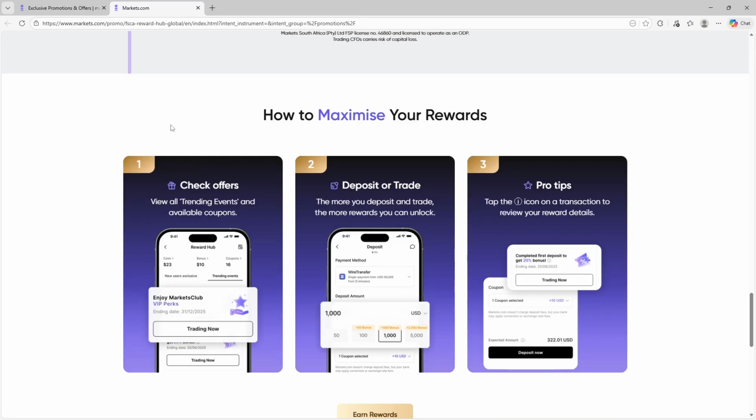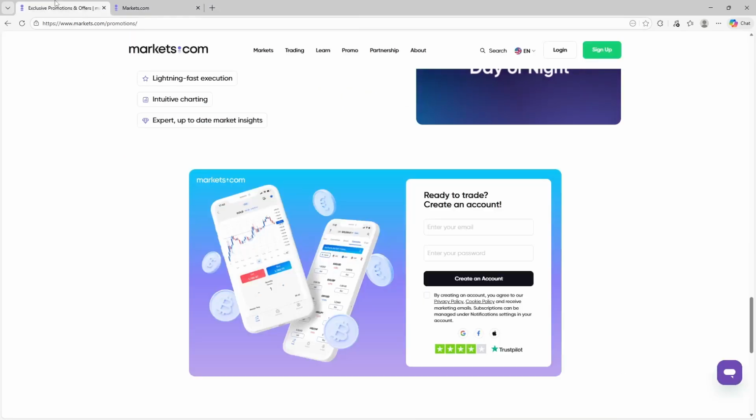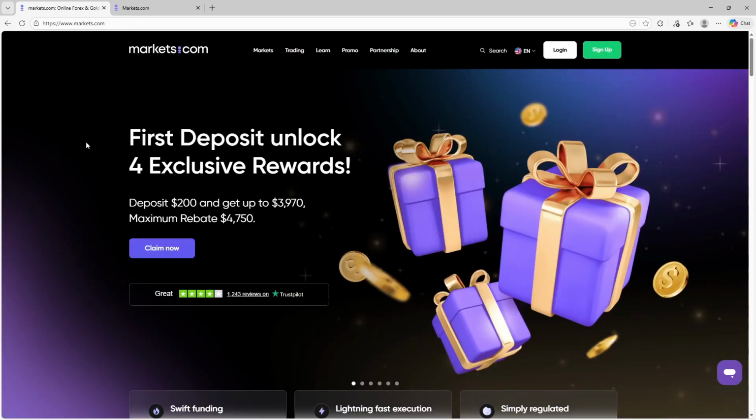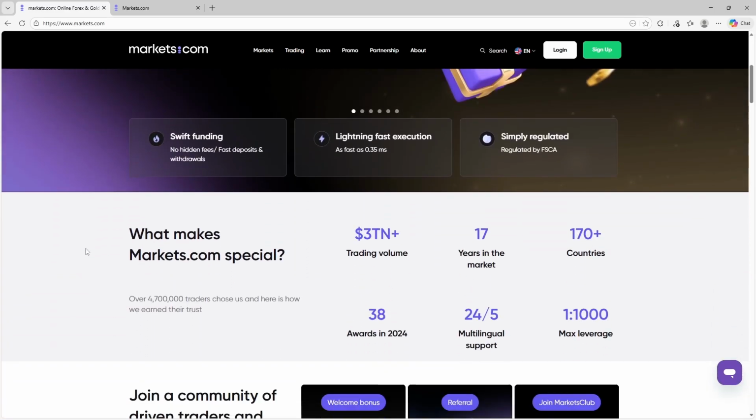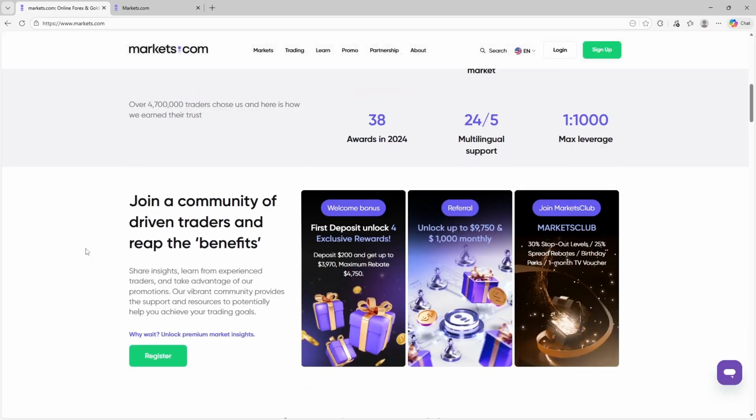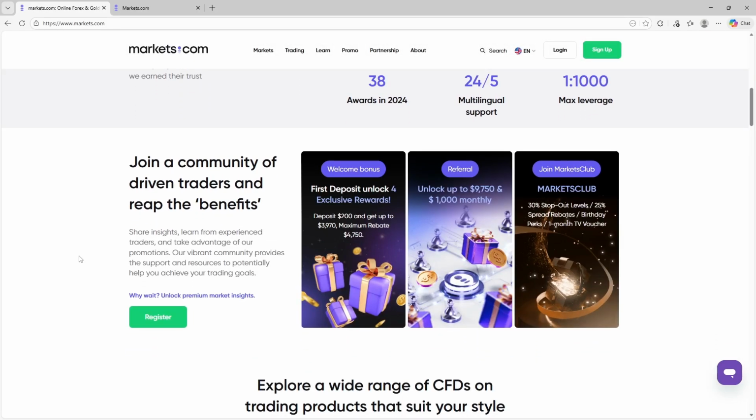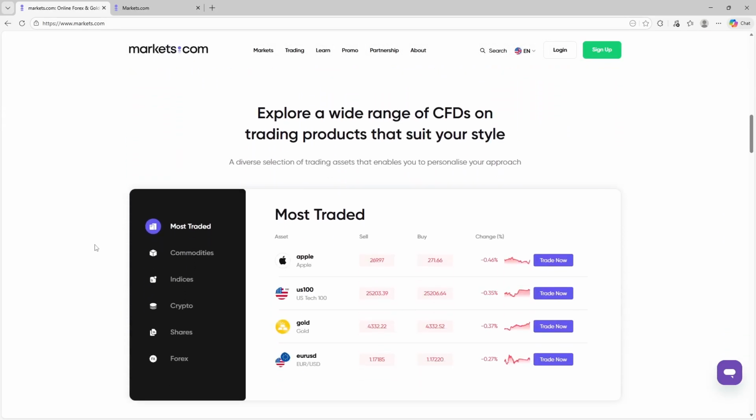Feature-wise, Markets.com is built as a multi-asset CFD trading platform aimed at retail traders who prioritize simplicity and broad market exposure. Users can trade Forex, indices, shares, commodities, cryptocurrencies, ETFs, and bonds from a single environment.